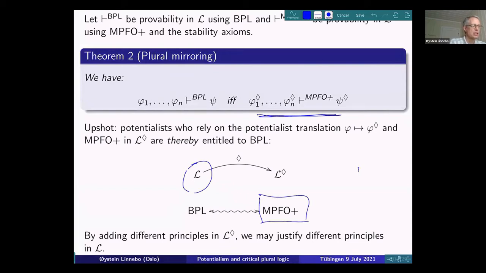And then basic plural logic is the logic that gets validated in the non-modal language. So we now have an answer to the question, at least an answer conditional on us accepting this modal logic of plurals that we plug in. Of course, if you plugged in somewhat stronger or somewhat weaker modal logic of plurals, that may have, and indeed will have, consequences for the logic you validate back in the non-modal language.